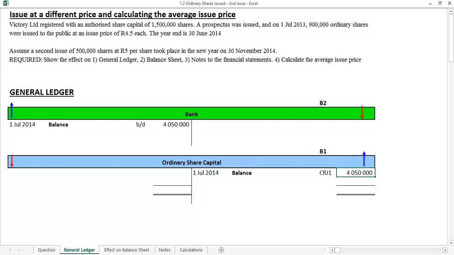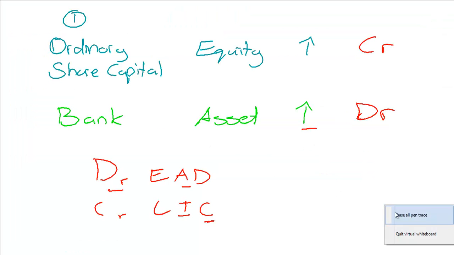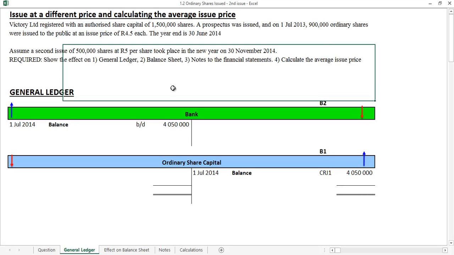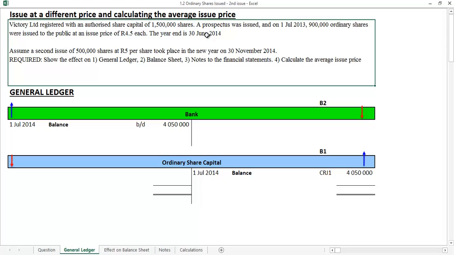Just quickly our timeline, just so that we know what's going on here. If we go back to the information, we can see that the year end is on 30 June 2014, and our first issue was done on the 1st of July 2013. So here's 1 July 2013. There we go. And then we had our whole year passing.